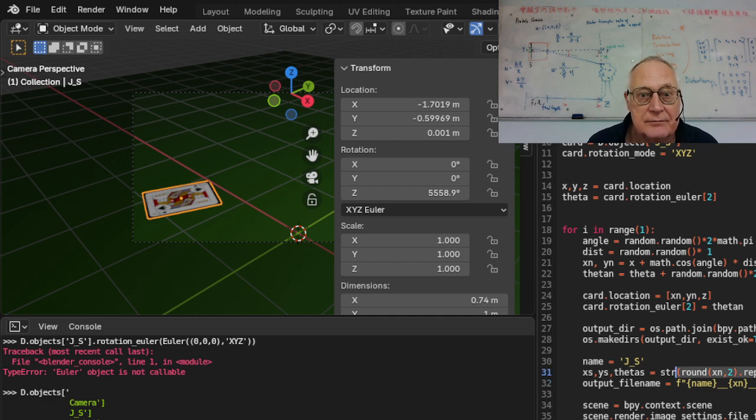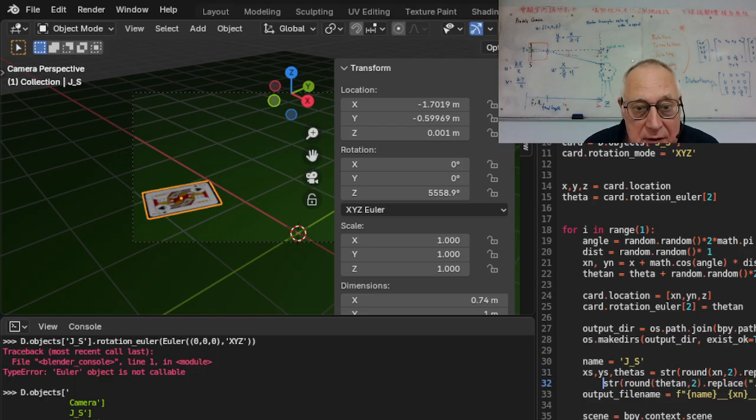Okay, let's see. String was rows. That's correct.